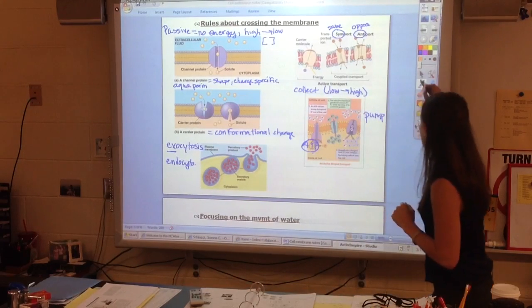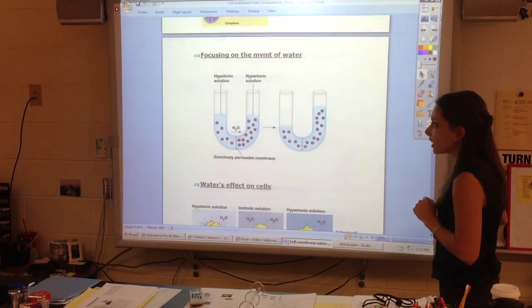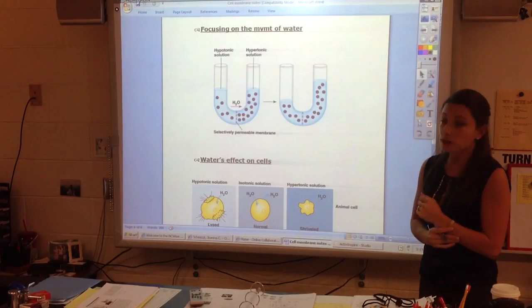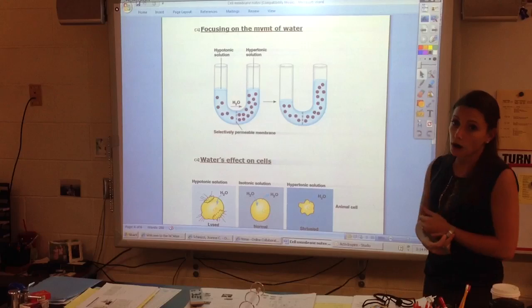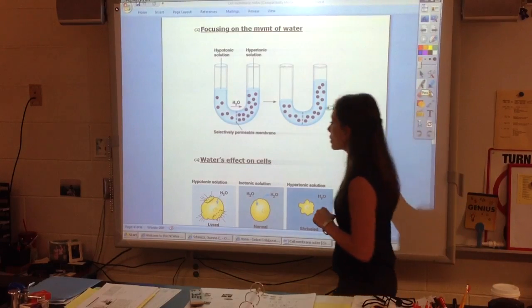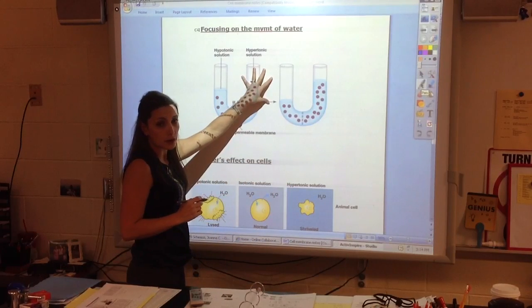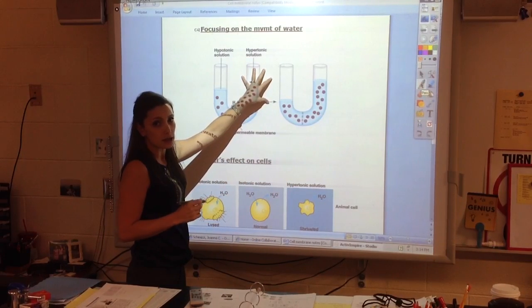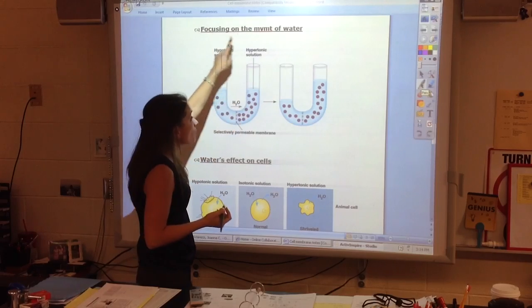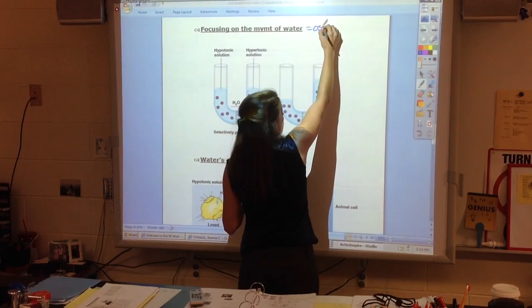We do actually want to spend some time focusing on the movement of water. And so what we're usually going to see is that water is one of the main things that's going to move by diffusion. The movement of water across a semi-permeable membrane is called osmosis.